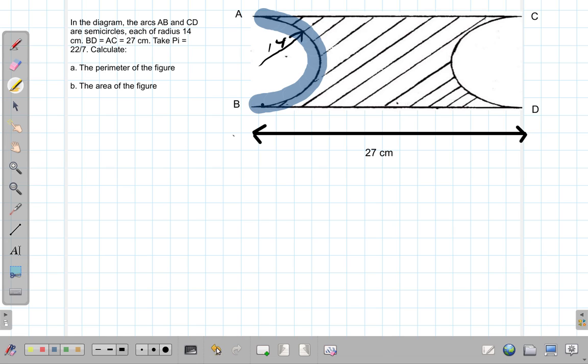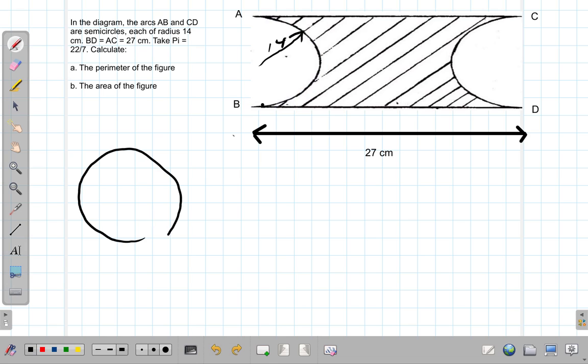It's a semicircle. So what we can do here is to imagine that we had a full circle. Suppose we had a full circle like that, and we had a radius of 14. The whole circumference would be what? Circumference would be 2 pi 22/7.